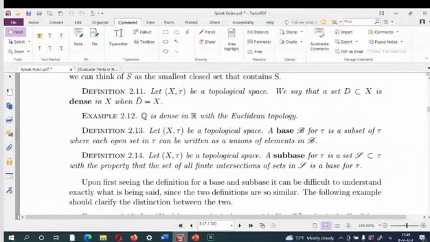Okay, let X and tau be a topological space. A subbase for tau is a set such as F of tau with the property that the set of all finite intersections of sets in F is a base for tau.